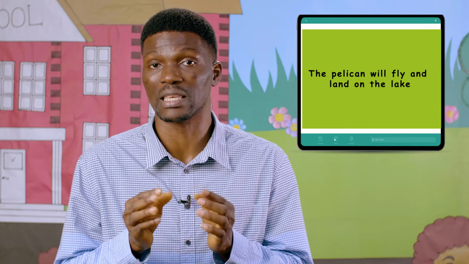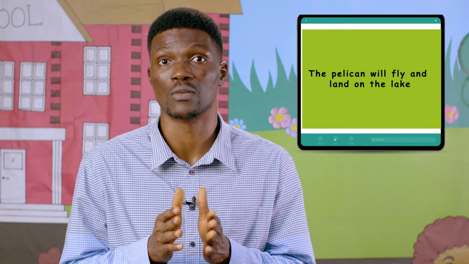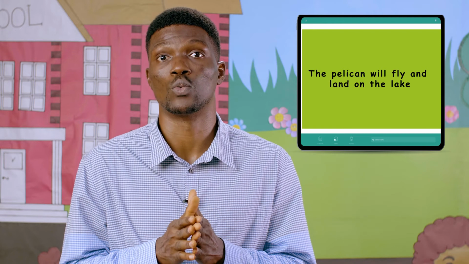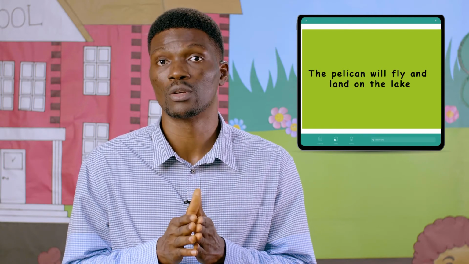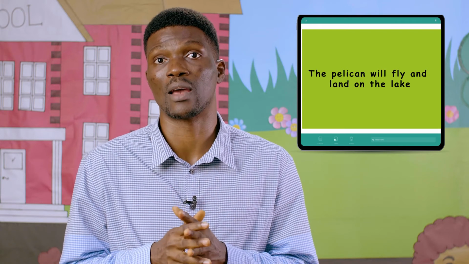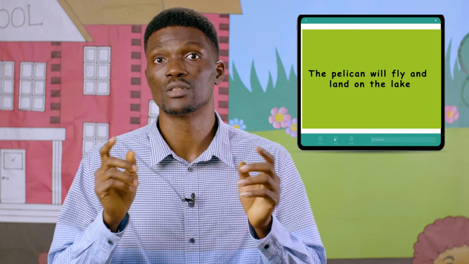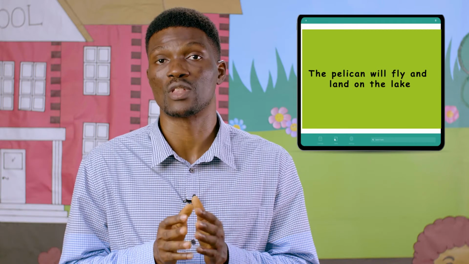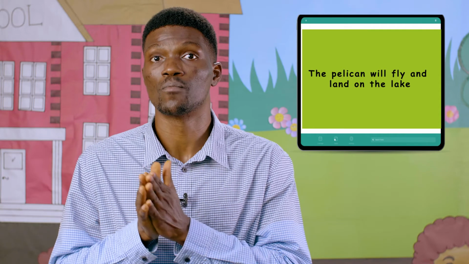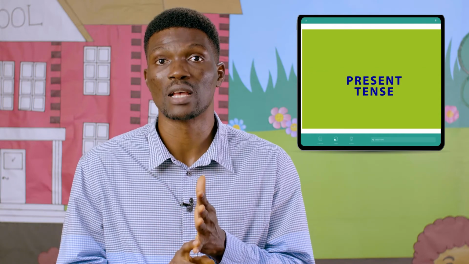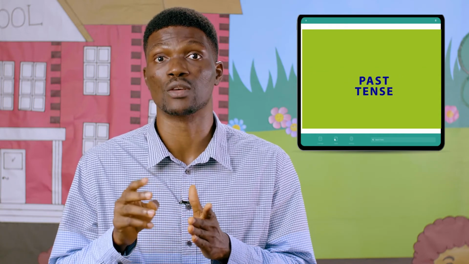Will plus fly together forms the future tense, which shows an action that will occur at a later time. So there you have it, the simple verb tenses: the present tense, past tense, and the future tense.